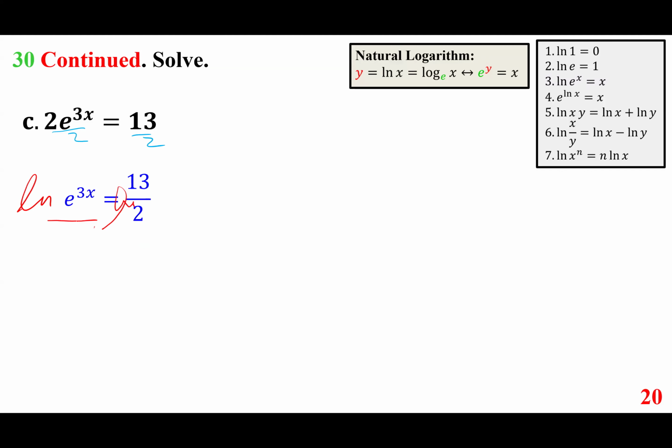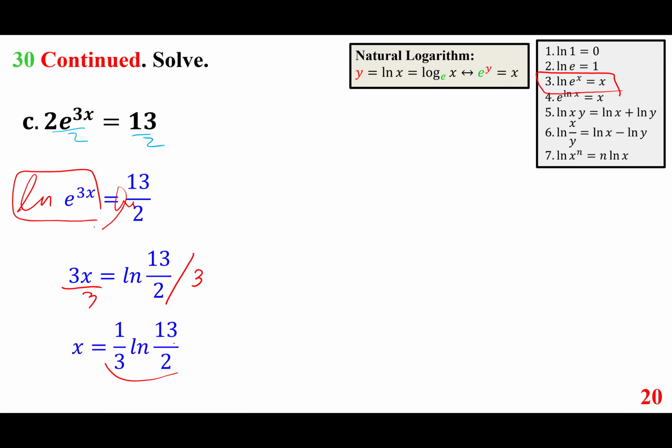If I take a natural log of the left side, according to the fact that exponential functions and logarithmic functions are inverse functions, they undo each other, they give us 3x. So basically, divide both sides by 3.